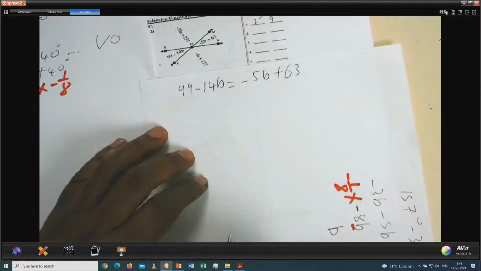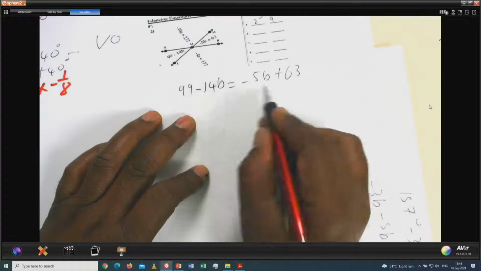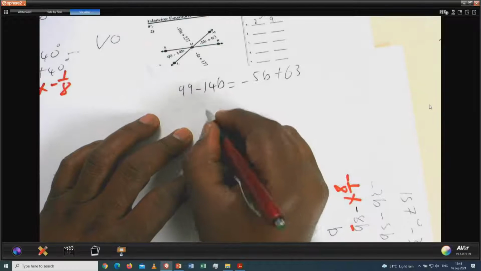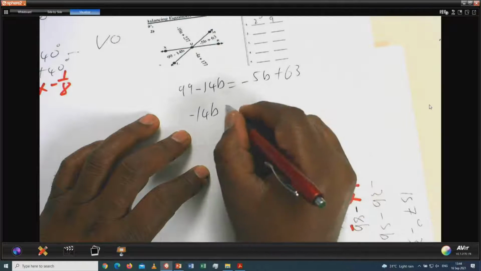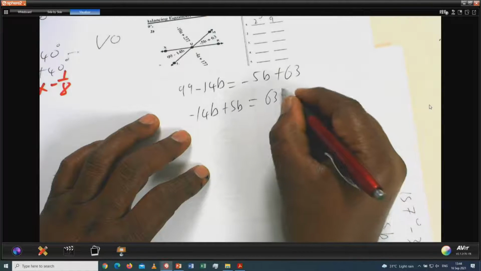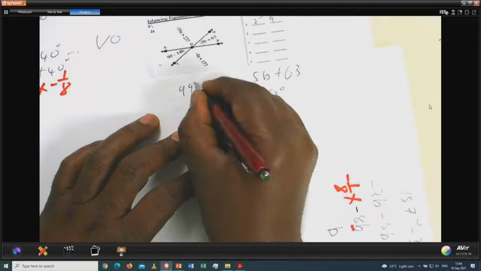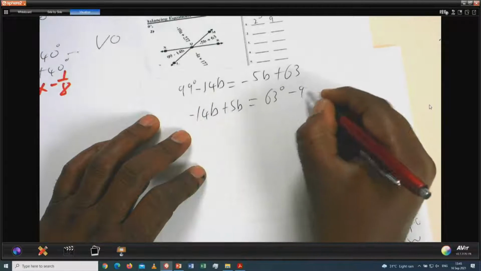Once more, those ones with variables, you prefer to put them on the left. But remember, when the position is changed, the sign also changes. This one, when the position changes, it was positive, it becomes negative.